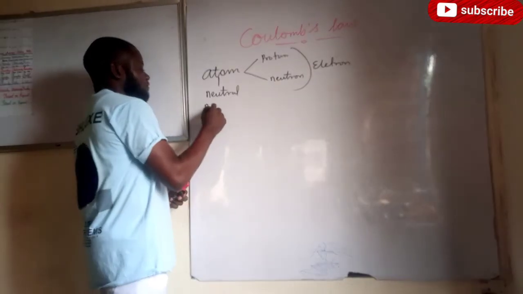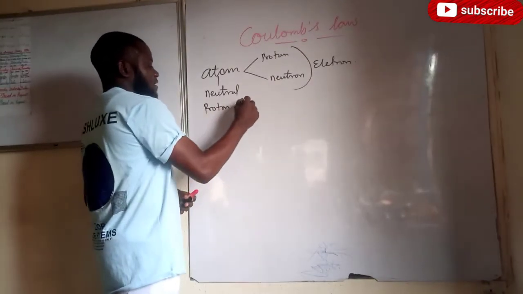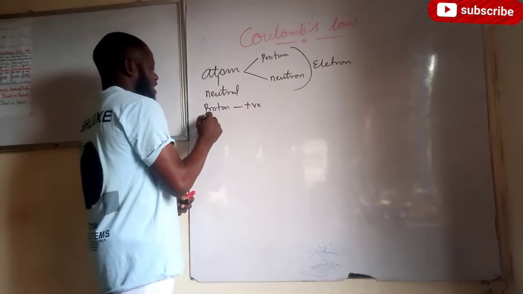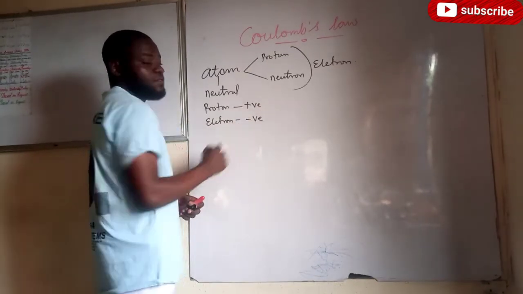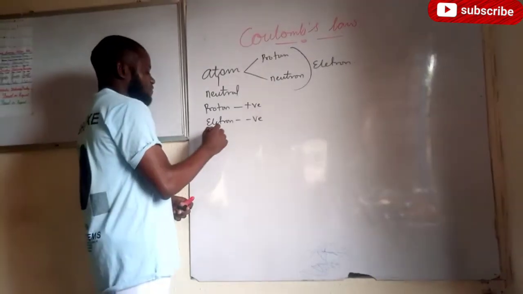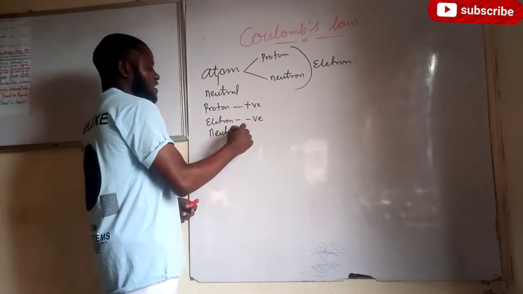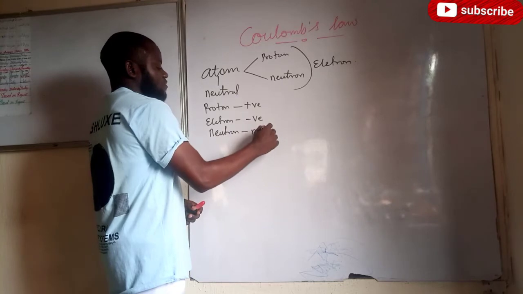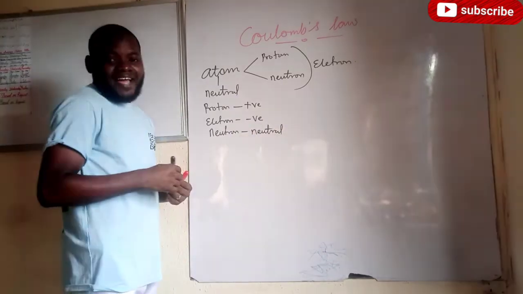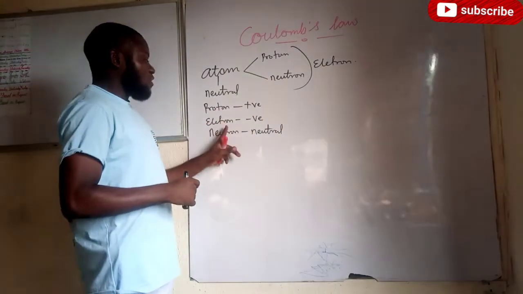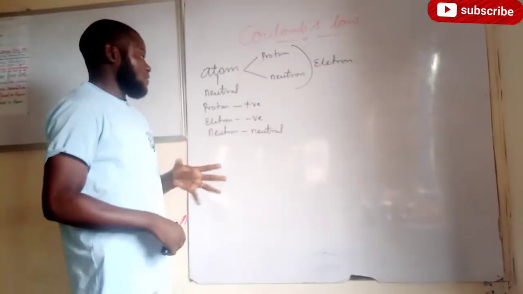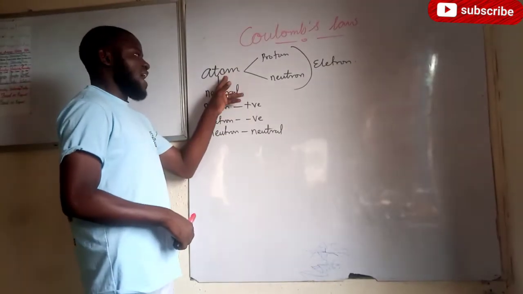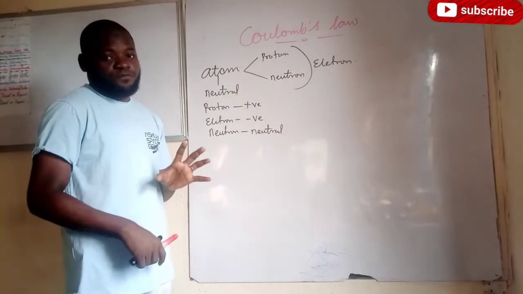The proton is a positive charge and the electron is negative charge, while the neutron is electrically neutral. So in an atom, the number of proton is the same as the number of electron. Do we get that now? So that is why we have an atom to be electrically neutral.